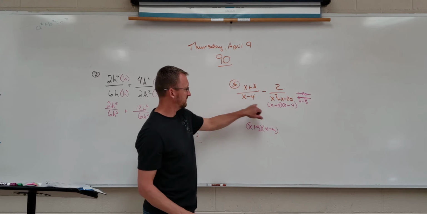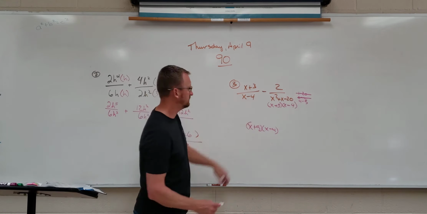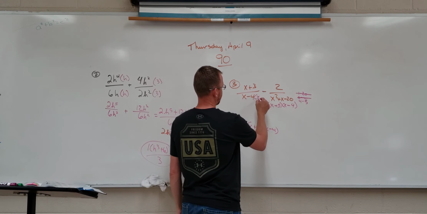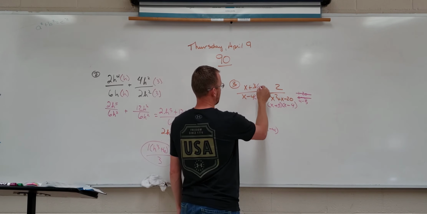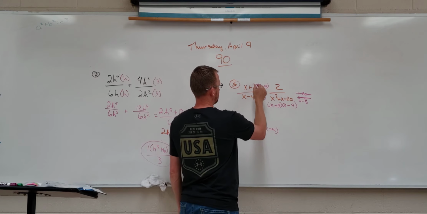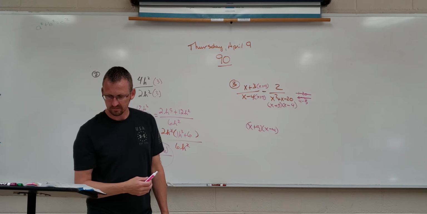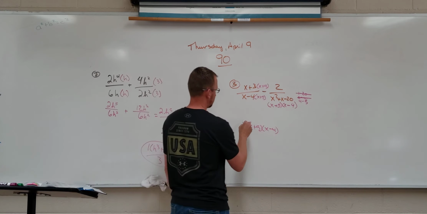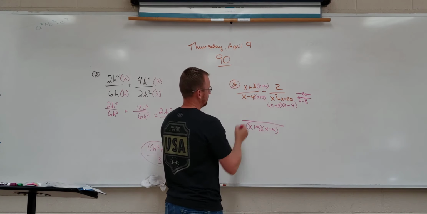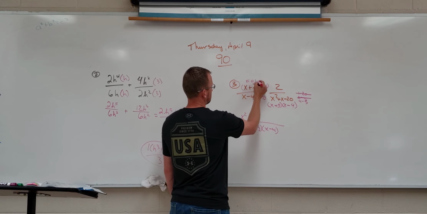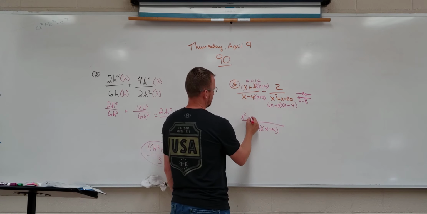Now what's here that's not here? Right, x plus 5. And if I multiply on the bottom, I have to do the same thing up top. So now we start to solve. Now I do need to go ahead and do this. X squared, we're foiling, plus 3x plus 5x plus 15.